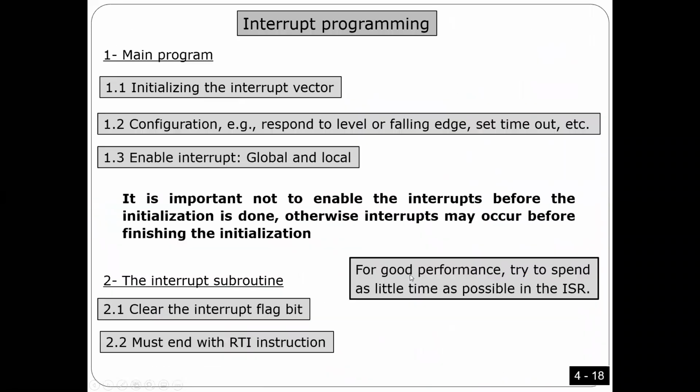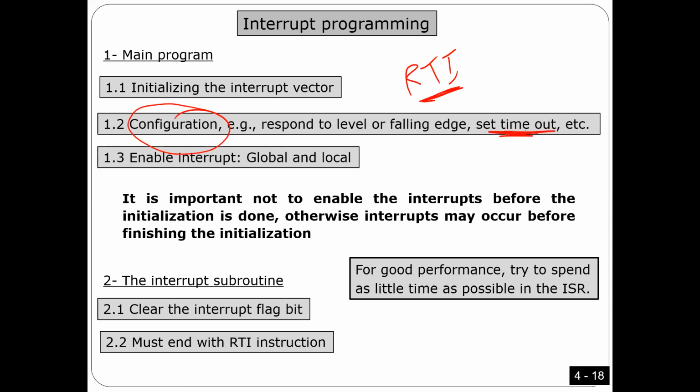Number two, also in the main program, we are going to do some kind of configuration, but this configuration is different from one interrupt source to another, right? So as I'm going to explain later, for example, when you program RTI, it is a timer. When you program a timer, I have to do configuration, I have to set the timeout.